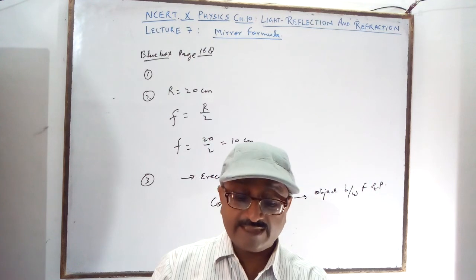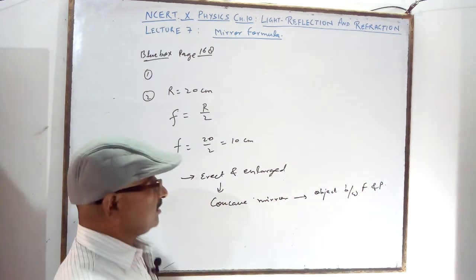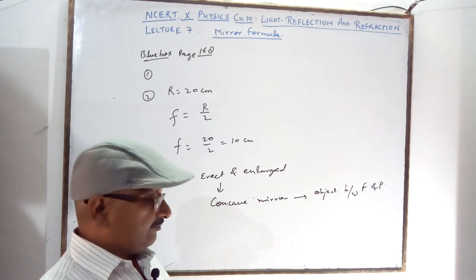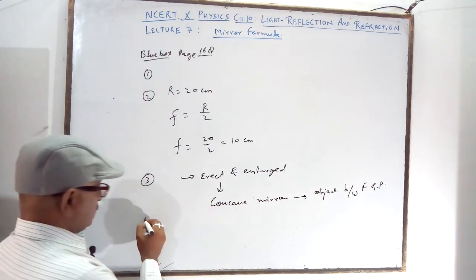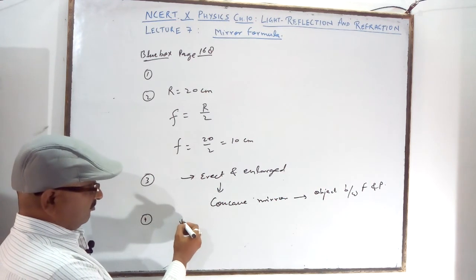Question number 4: Why do we prefer the convex mirror as a rear view mirror of the vehicle? Because it has a wider view because of its curve. Its shape gives a wider view.